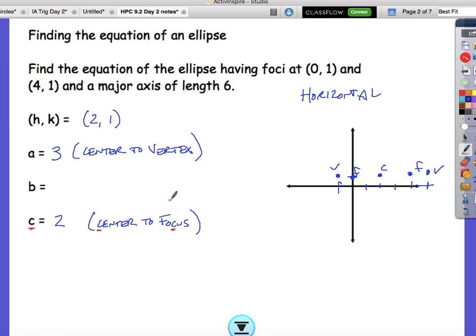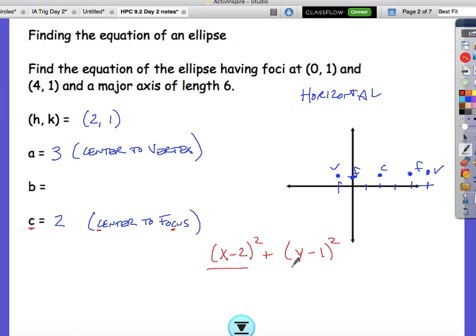All right, so here's some things we know as of right now. In terms of my formula, it's always going to go x minus the h value, which is 2 squared, and then it'll be y minus the k value, which is 1 squared.